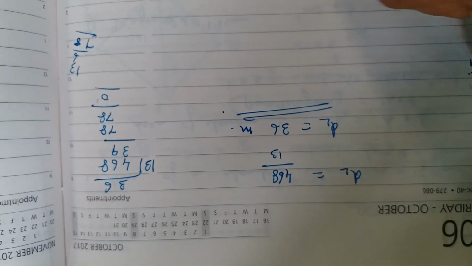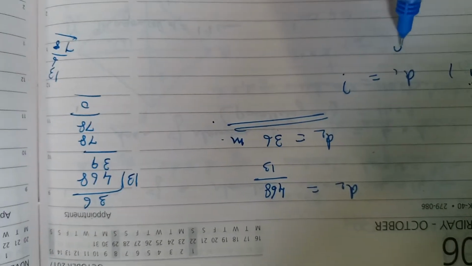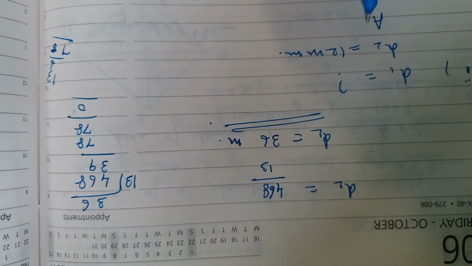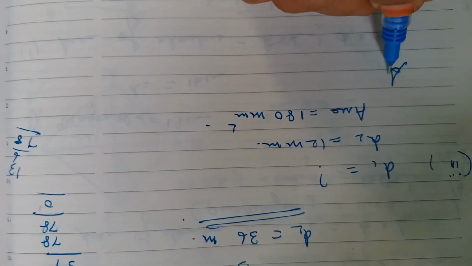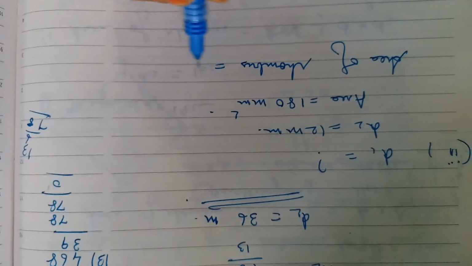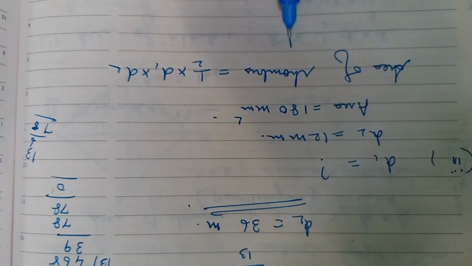Third subdivision: here diagonal d1 is asked, d2 is equal to 12 millimeter and your area is equal to 180 millimeter square. So now you can find out using the formula. Area of rhombus is equal to half into d1 into d2. The area is given as 180.